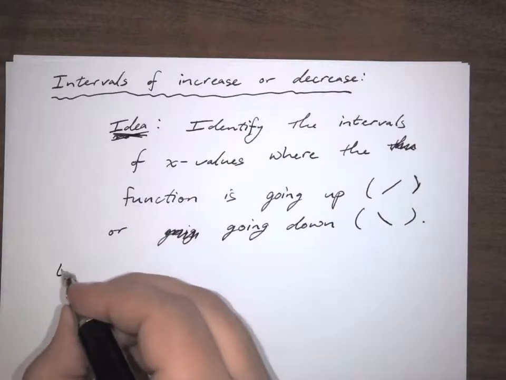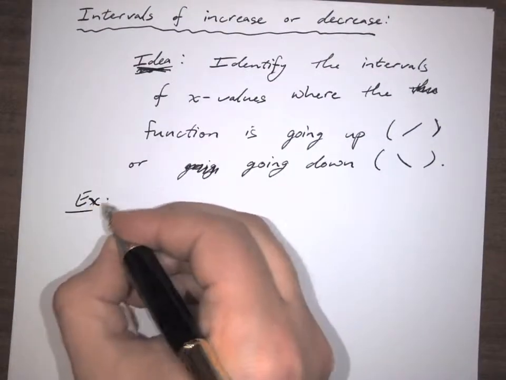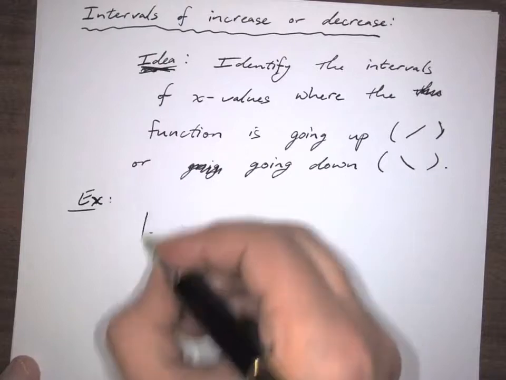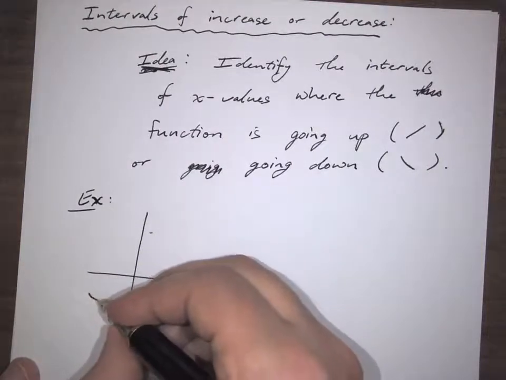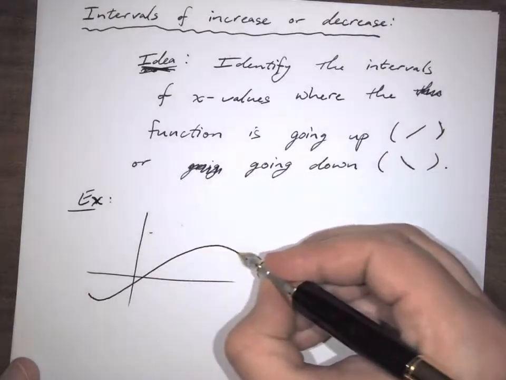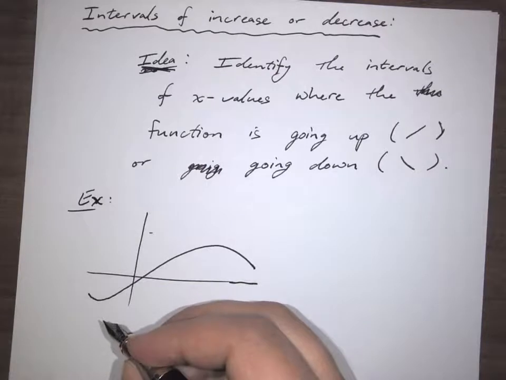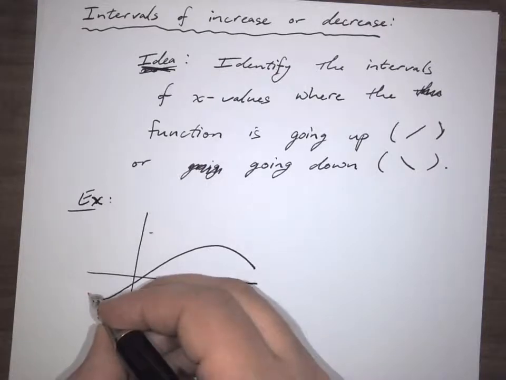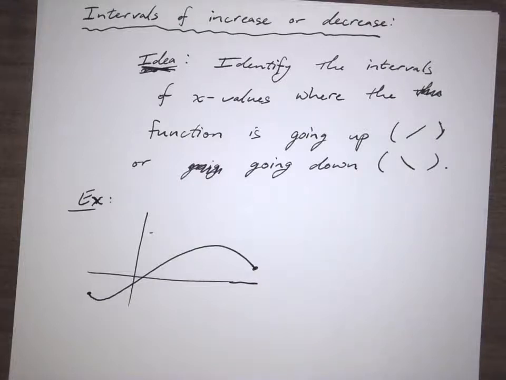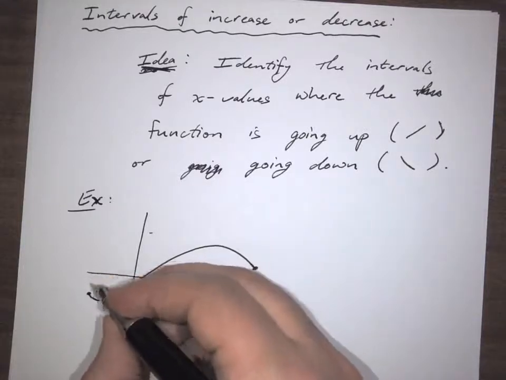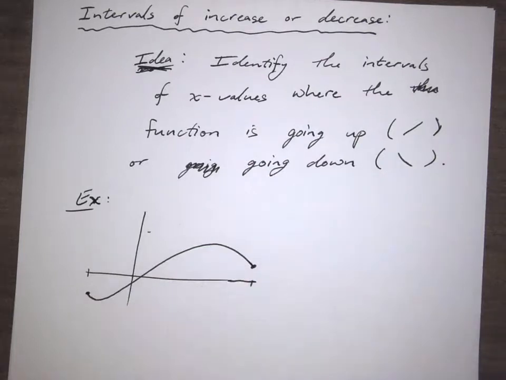So an example of this would be if we had a graph, which is the typical way we're going to see it in this case. If we have a graph and it's going like that. And let's say that what we've got here are some firm boundaries of a dot and a dot.